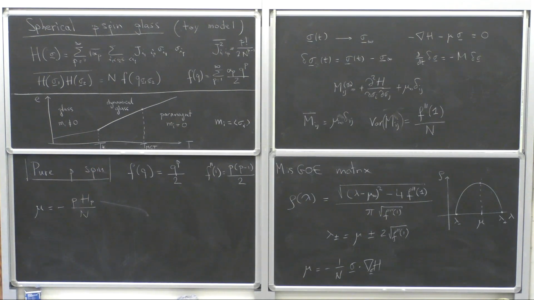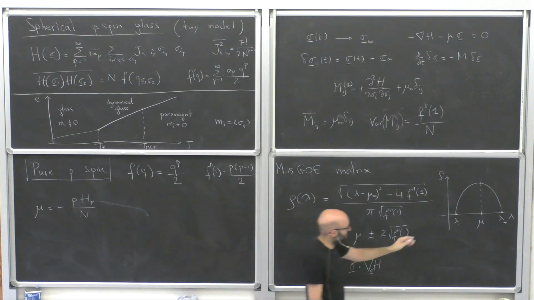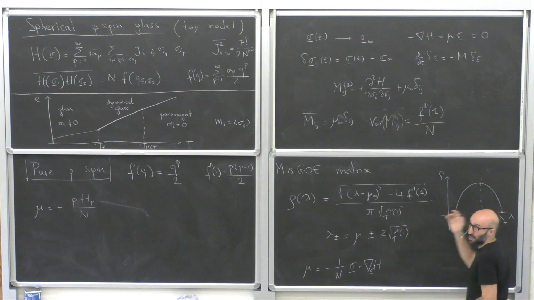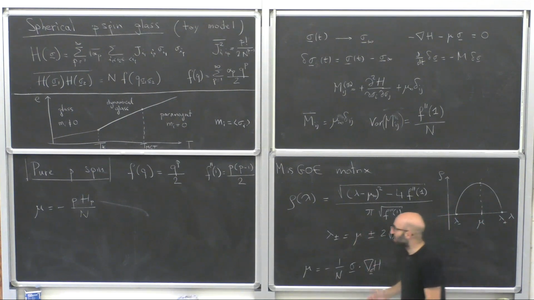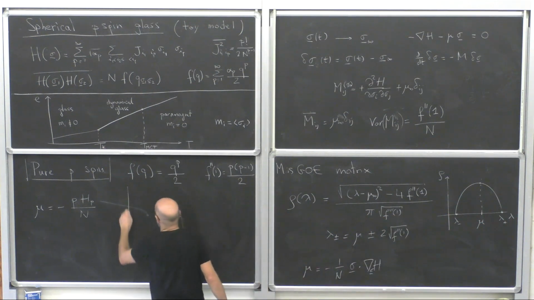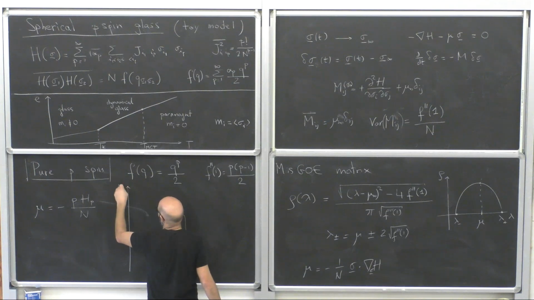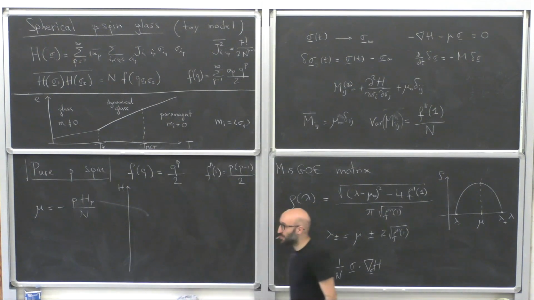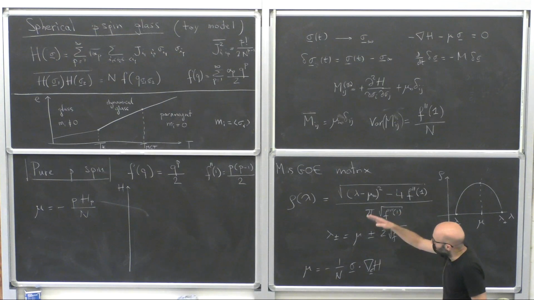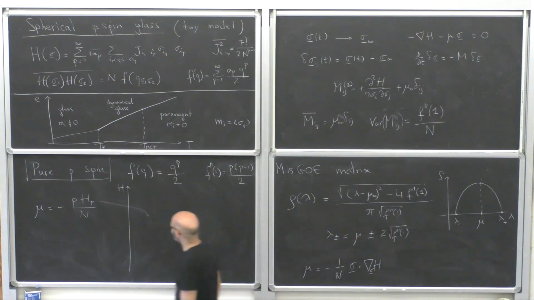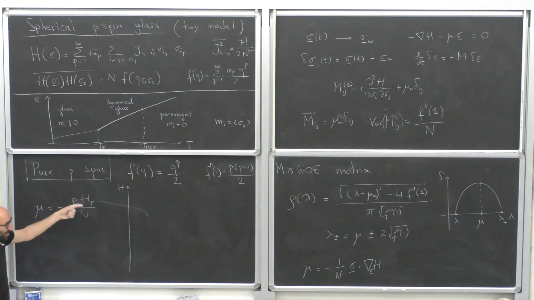So this is interesting because this means that the mu, which is the parameter that controls the spectrum, is actually proportional to the energy. So if you make a drawing of the energy, what happens? So mu is minus the energy, okay?